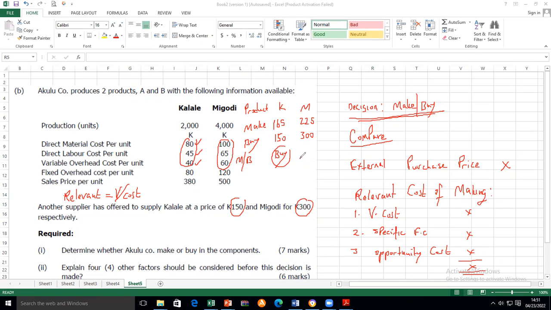What of this one? So that's how we decide. Have you noticed how we decide? So you need to identify the relevant costs. Don't pick all the costs, no. Just focus on the relevant costs.